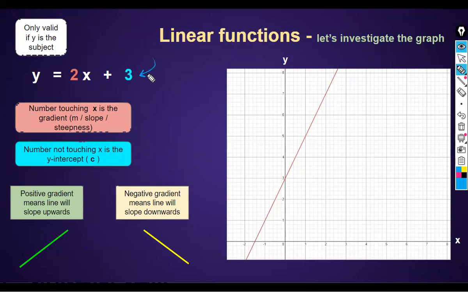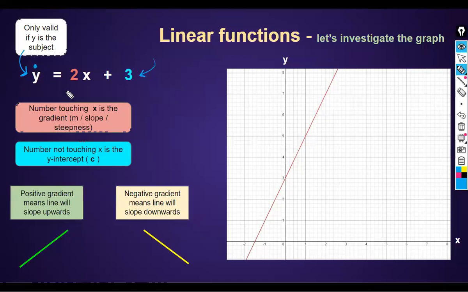Now, here's the thing. Whenever you have the equation of a straight line, like they ask you to draw the equation of a straight line, make sure y is the subject, not x. This means y must be on one side of the equal sign, and everything else must be on the other side. Must. No exceptions. Here's how easy it is to figure out whether your graph is sloping upwards or downwards.